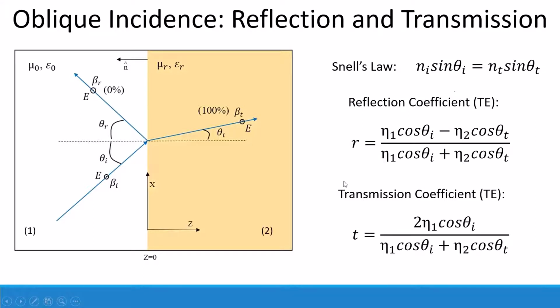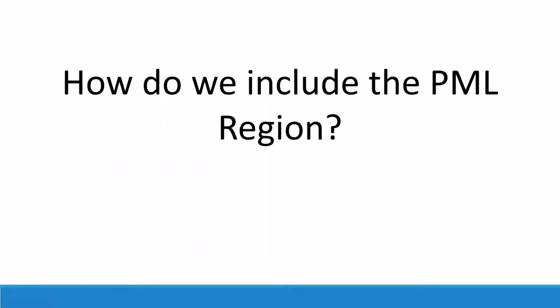So we need the refractive index to be matched in order for the angles to be matched here, allowing the top to go to 0 for the reflection coefficient and the transmission coefficient to go to 1. So this matching is where the name perfectly matched layer comes from.